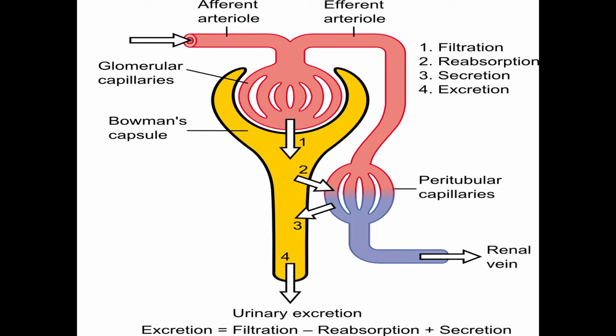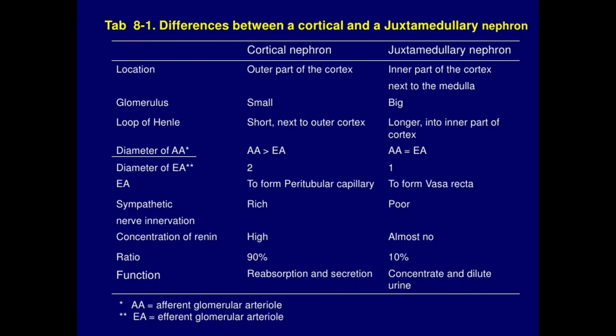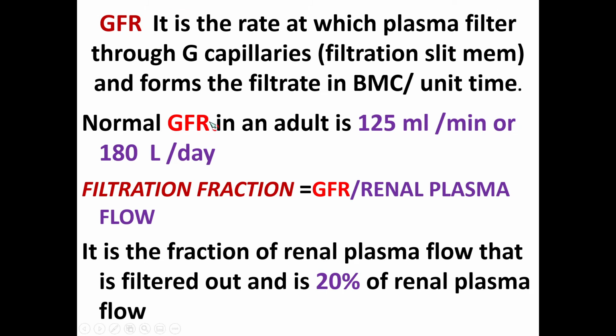This is the function of the kidney. From the 180 liters figure you can conceive how huge a function your kidneys perform. So normal GFR in an adult is 125 ml per minute or 180 liters per day.